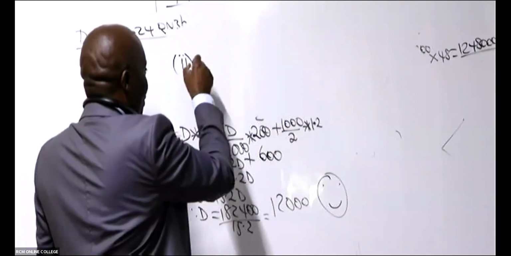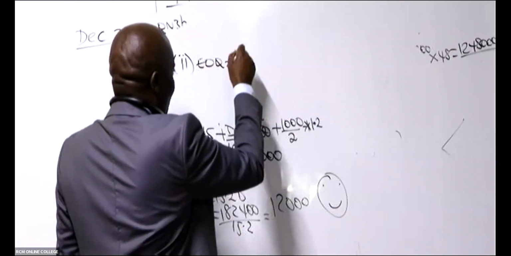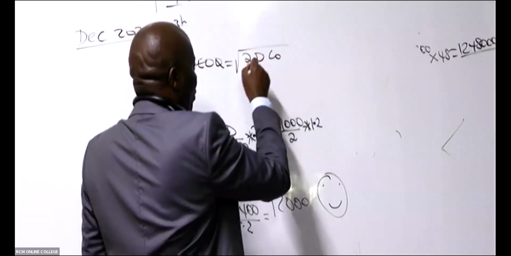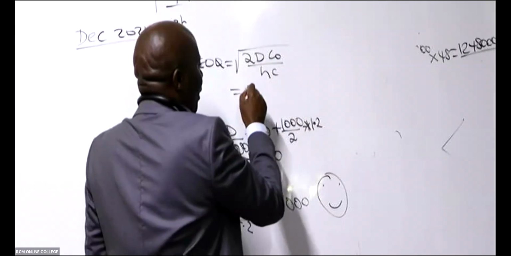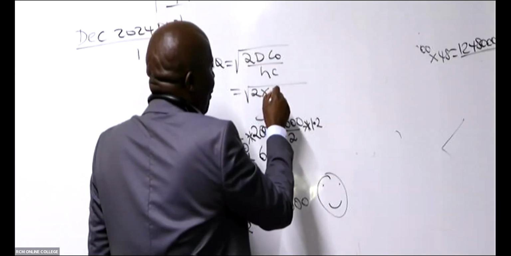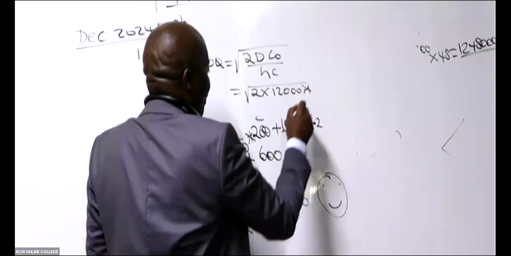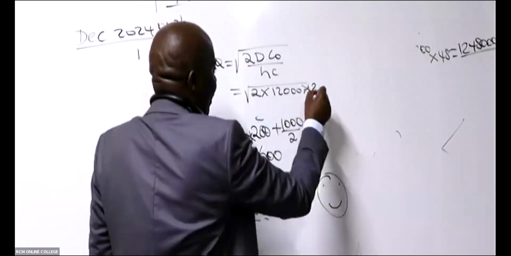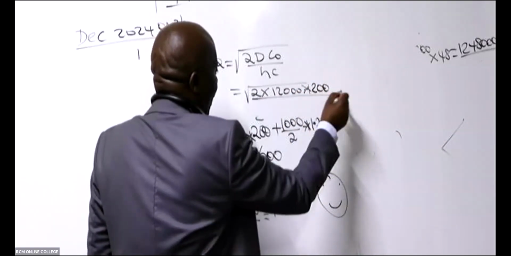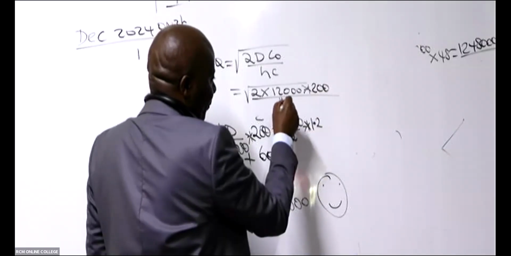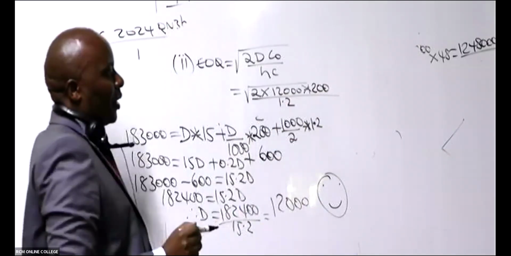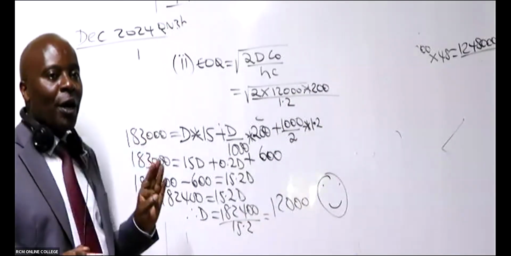So EOQ will be the square root of 2DCo over Hc. Annual demand, you gave me a figure of 12,000, isn't it? How about cost per order? 200. And the holding cost, you guys gave me the holding cost, which was 1.2. First we forget the square root.